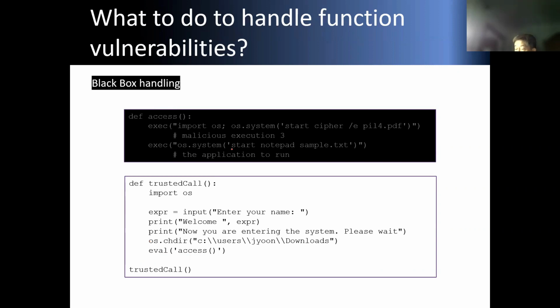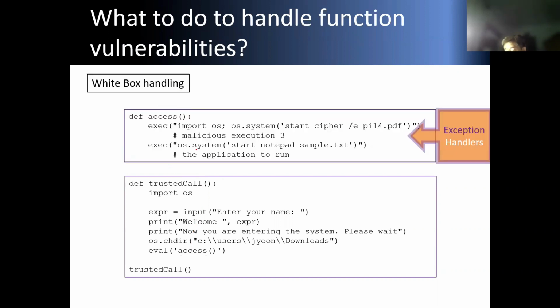On the other hand, even if I call this access, this function is not known because this is a black box. Then I need to handle it differently. The way that I can protect or detect should be a different approach.